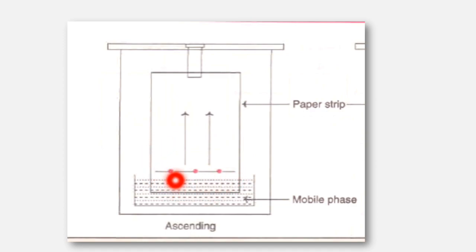Here, this is the point of application, this is 1, 2, 3. This is the starting point, and up to here the mobile phase is ascending. Then we will take out this filter paper, dry it in a hot air oven and spray the ninhydrin reagent to visualize the amino acids.